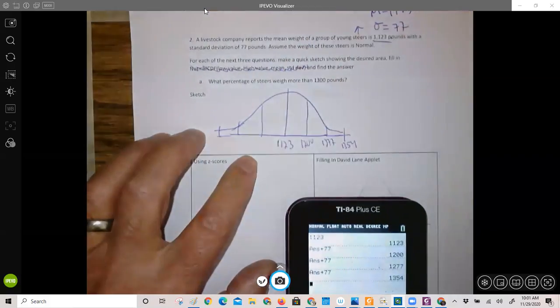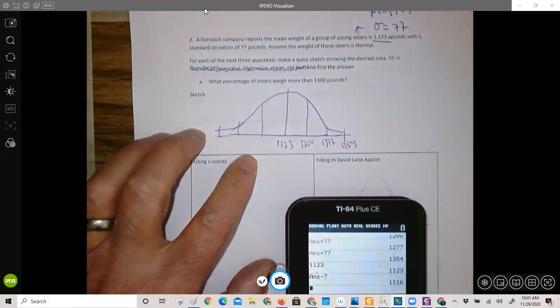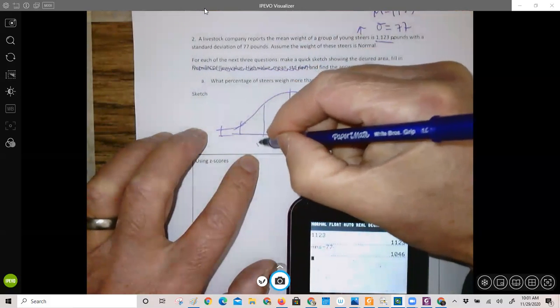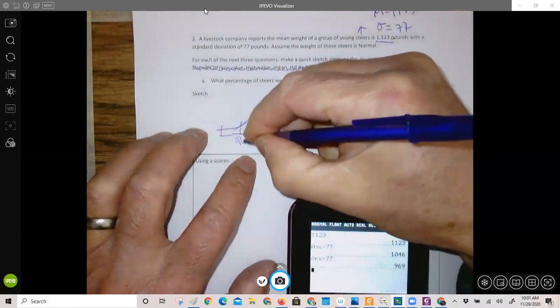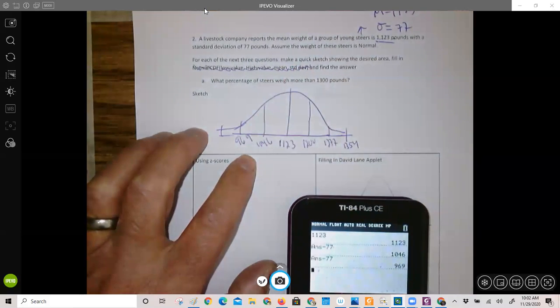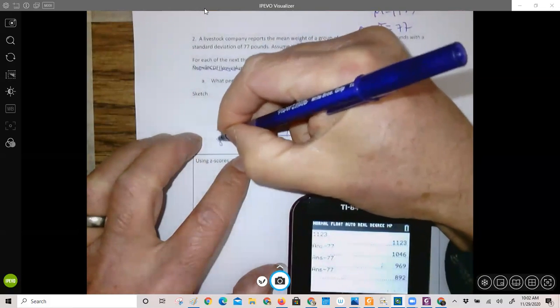And then to go below it, I'm going to go 1123 minus the standard deviation. 1123 minus 77. So that's 1046, 969, and 892.